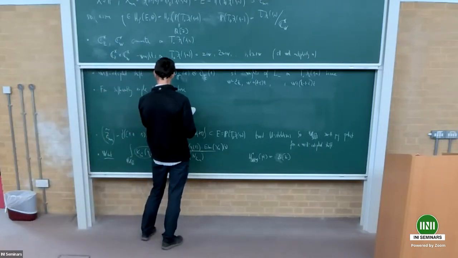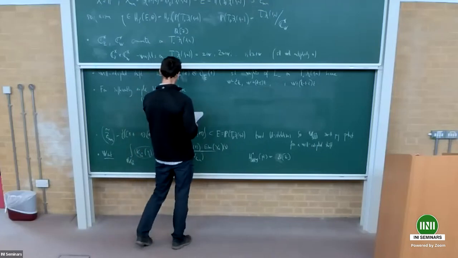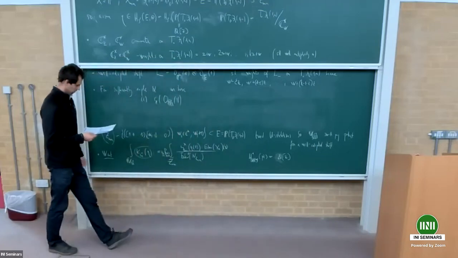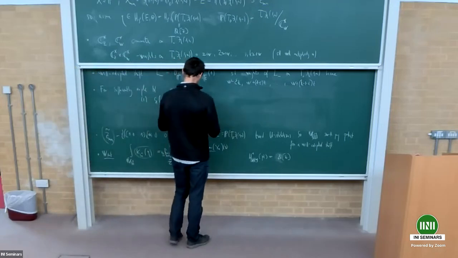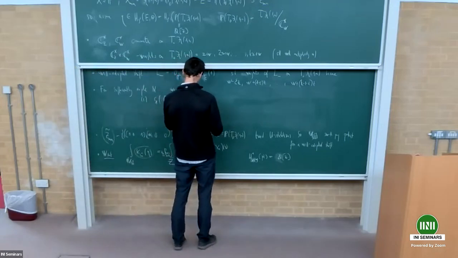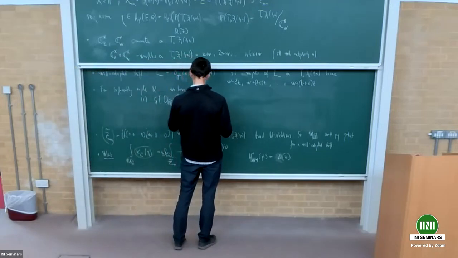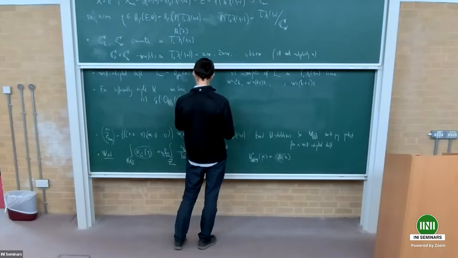So O of U hat of 1 is coming from an equivariant bundle, which is a sufficiently ample multiple of that. So it's kappa U hat.